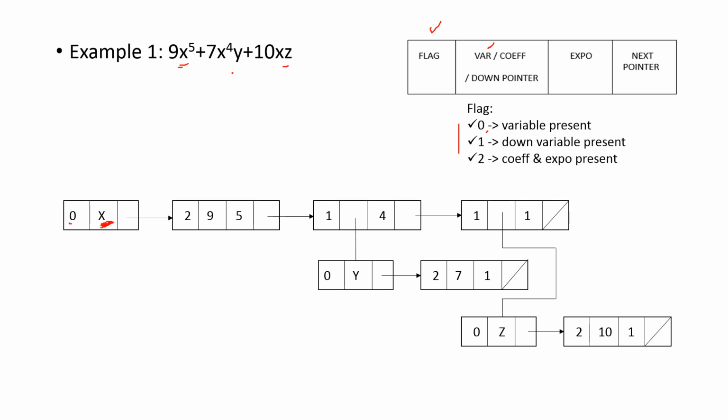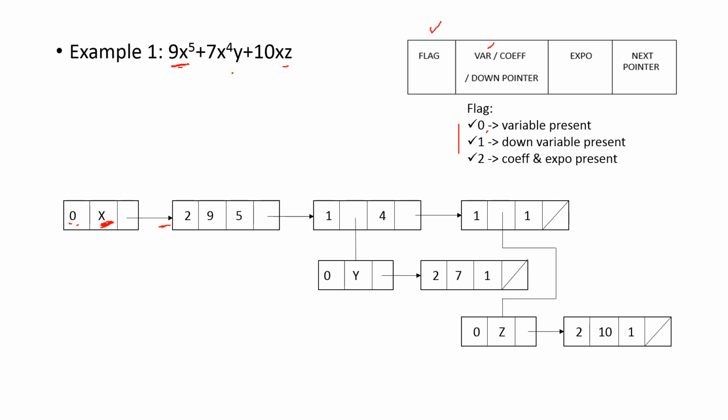Here only 3 sections are there for a node because this is about the variable. So 0 is the flag, x is the variable we are considering, and then this is the next. And we came to the second node, and there we are representing the first term, 9x^5.